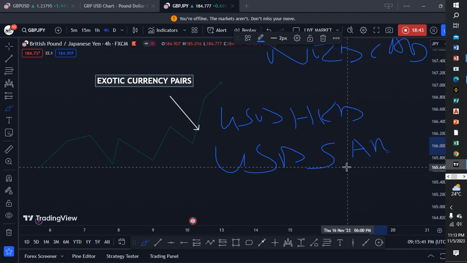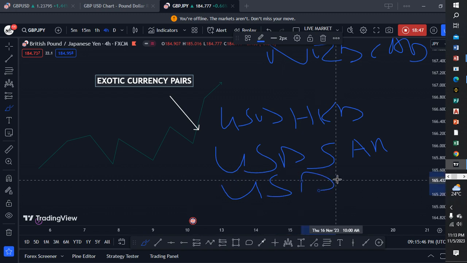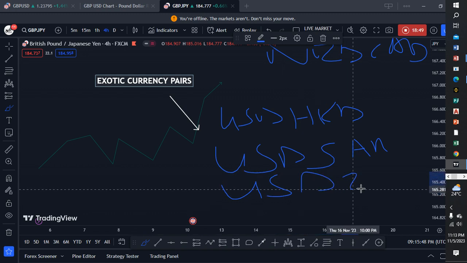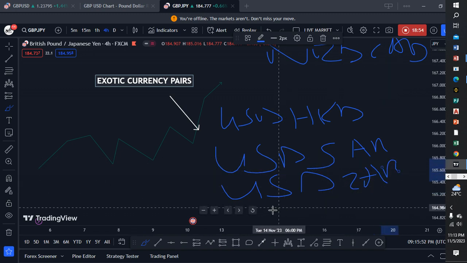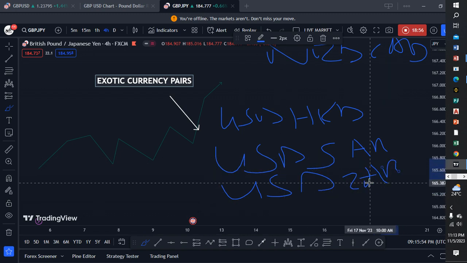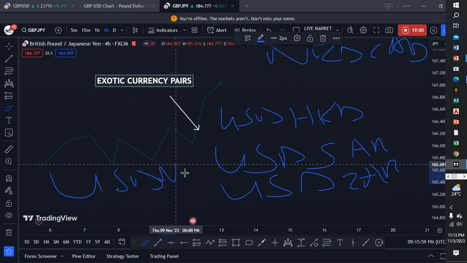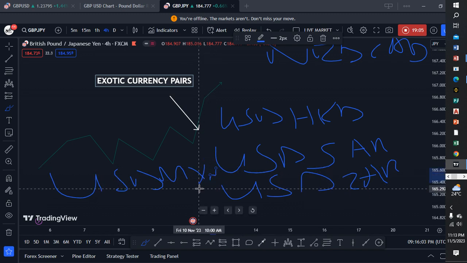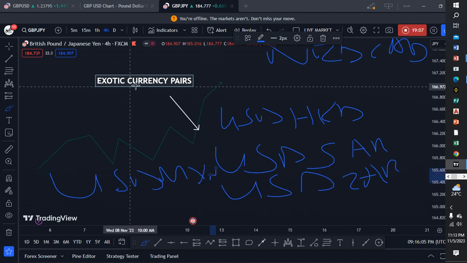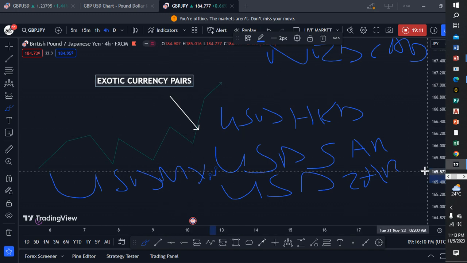We have the USD ZAR, still the United States and South Africa. And we have the USD MXN, the United States and Mexico. So these are the main exotic currency pairs. You can take your time and look at them later.